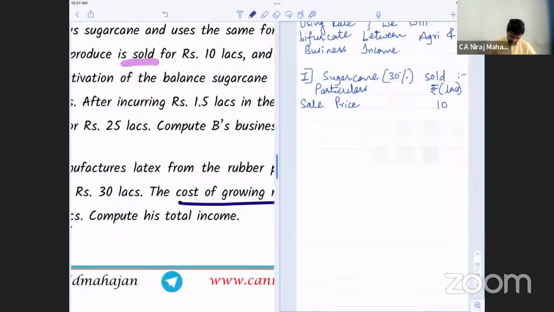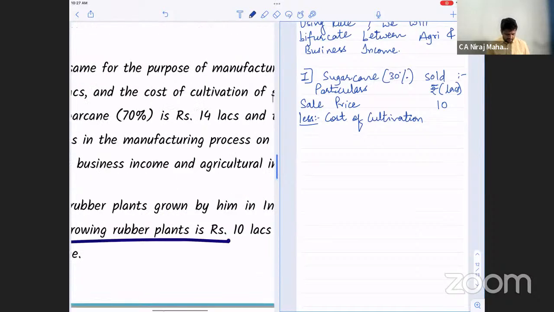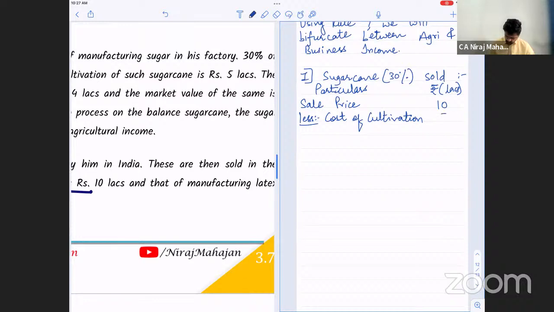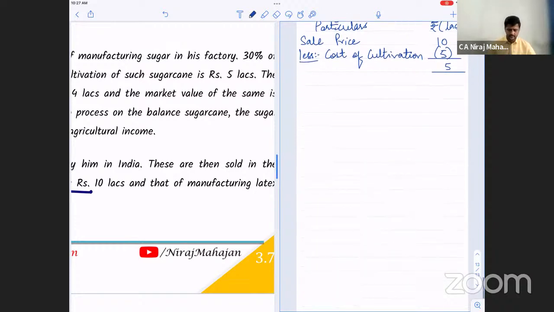So less cost of cultivation. How much is the cost of cultivation of this 30%? 5 lakhs. Okay, this is my agricultural income.